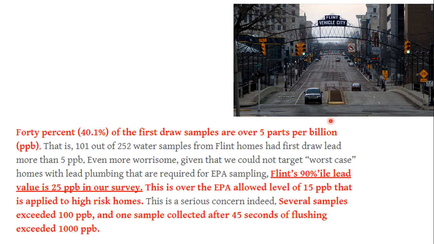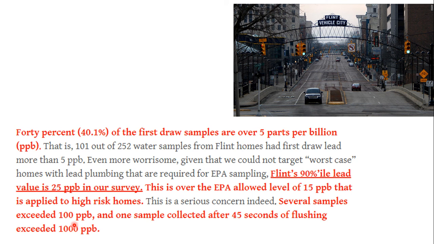If you've ever looked at the water report for San Antonio, or if you followed the Flint story when it happened, you'll notice that we have parts per billion there. For example, Flint had over 5 parts per billion of lead, or that's what they were looking at, and the highest value was 25 parts per billion.